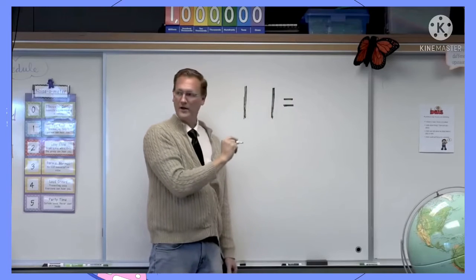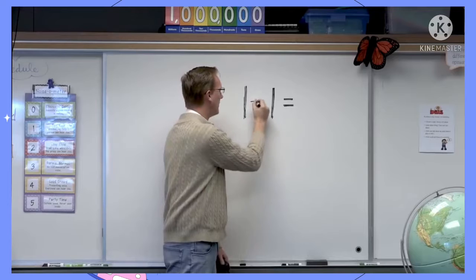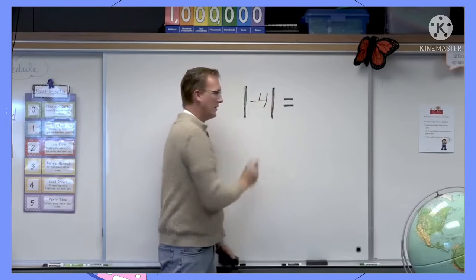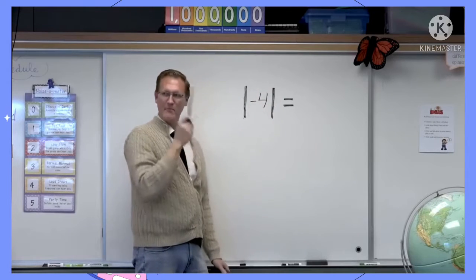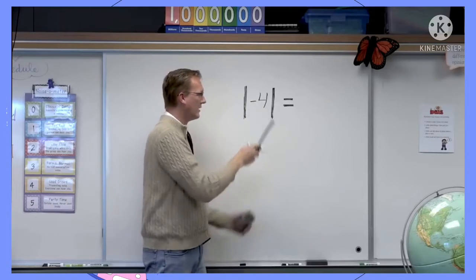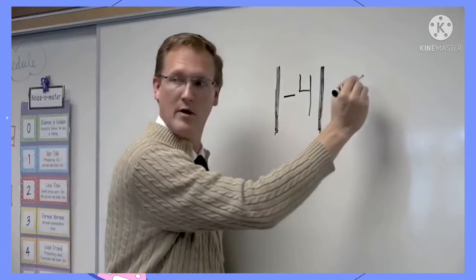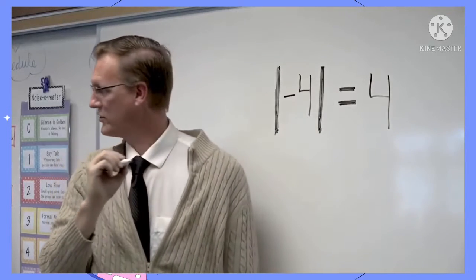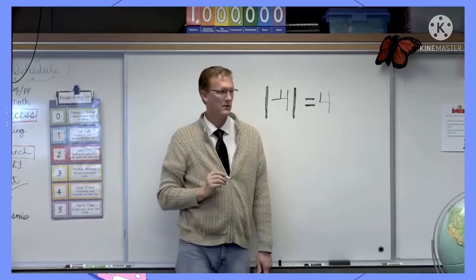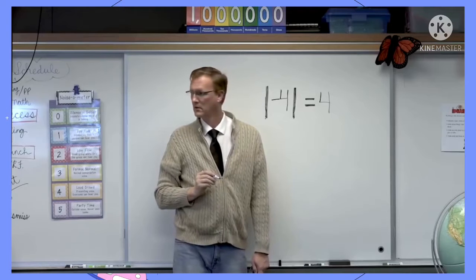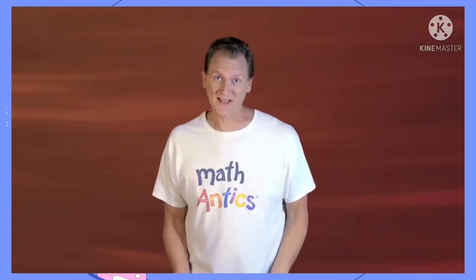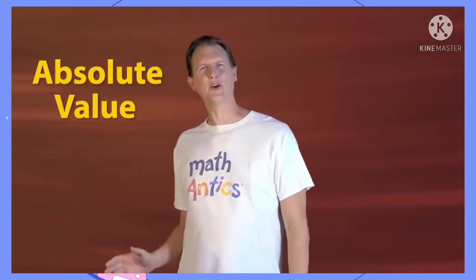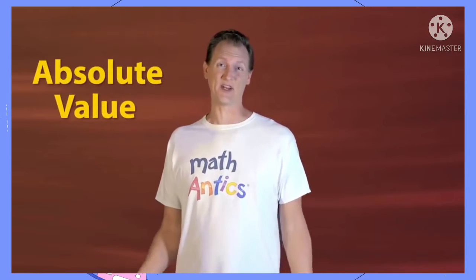But if I put in a negative number, then just like magic, it comes out positive. Any questions? Well, maybe it wasn't quite that bad, but absolute value sure seemed a lot less exciting than the name suggested.